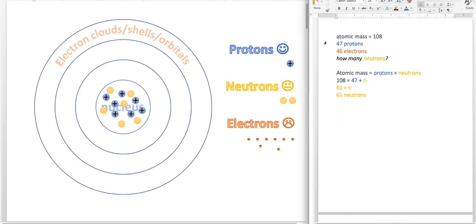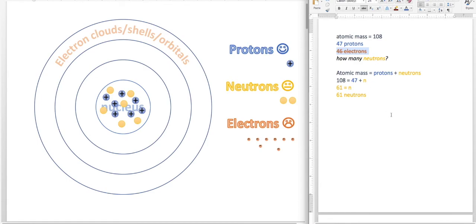Another example here, last example that we're going to do for atomic mass right now, is if you're given the atomic mass is 108, there's 47 protons, 46 electrons, and it wants to know how many neutrons. You can't really cross it out because it's going to be on the computer. Ignore how many electrons they give you.